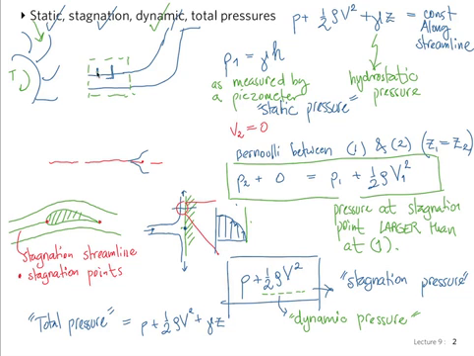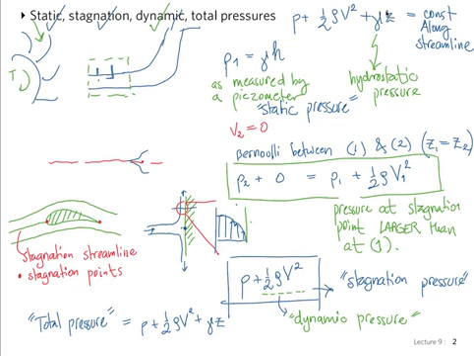But still, gamma h is the static pressure at this point, if I look at that piezometer there. Gamma z is for elevation, yes. Exactly.